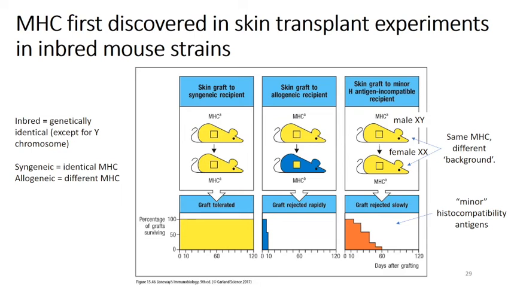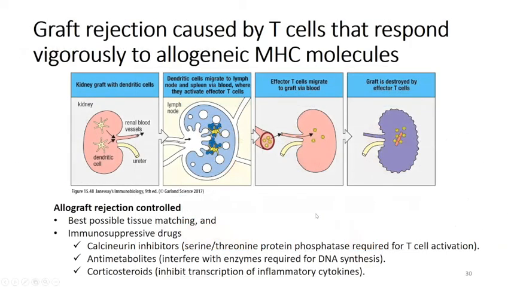That actually is more like a conventional mode. What's happening is that there are antigens in males that are not found in females, in peptides. Those male antigens are presented by the female MHC, so even though you get a perfect match at the MHC, you can still get slow rejection.